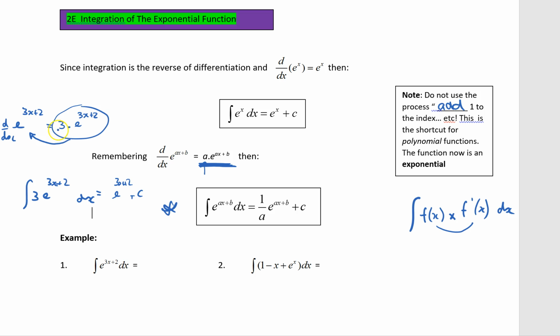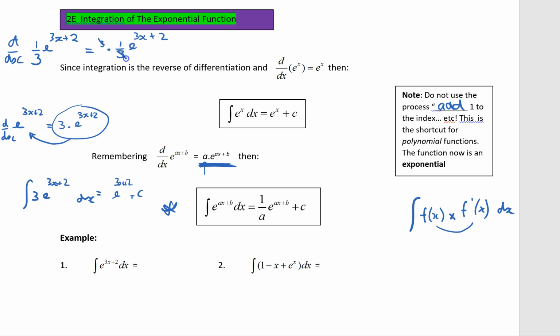The only way you can cancel out the 3 is if the original function had actually been 1/3 e to the 3x plus 2. Now, differentiating that, you can see it's 1/3 e to the 3x plus 2 multiplied by now the derivative of this, which is 3.